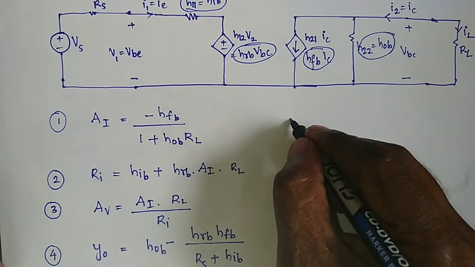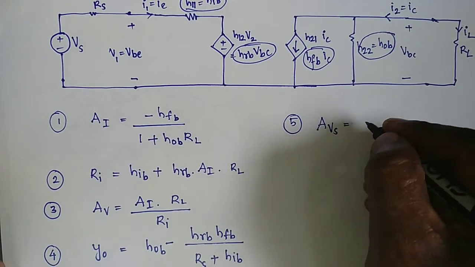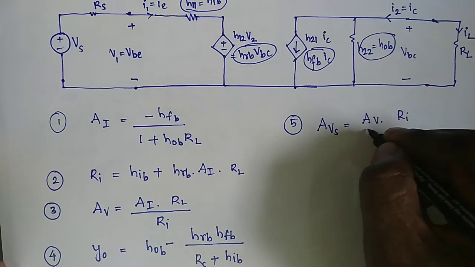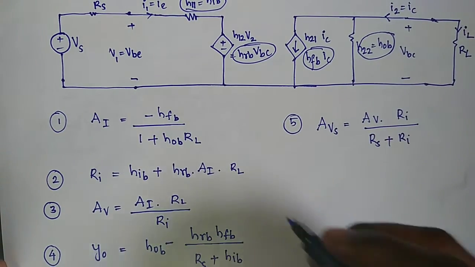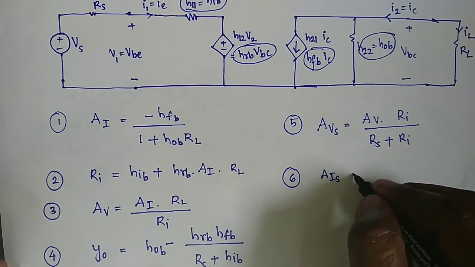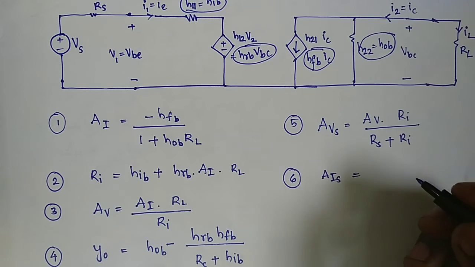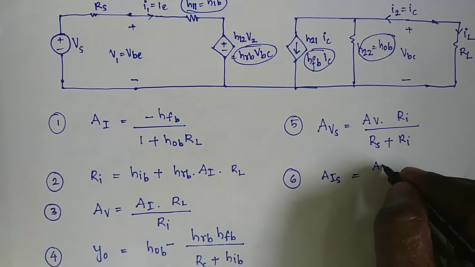And the fifth one, AVS is equal to AV into RI by RS plus RI. And the sixth one, AIS is equal to AI into RS by RS plus RI. In our earlier topic we discussed all the characteristics based on the two-port network, so now you can simply substitute all the values.